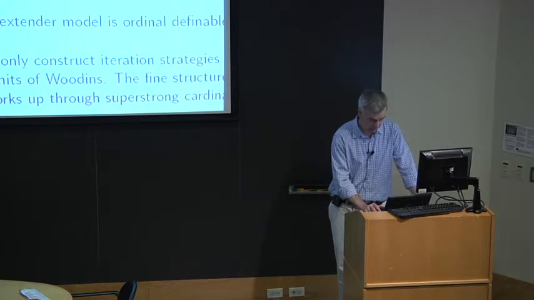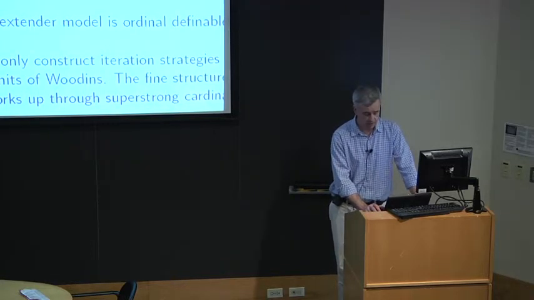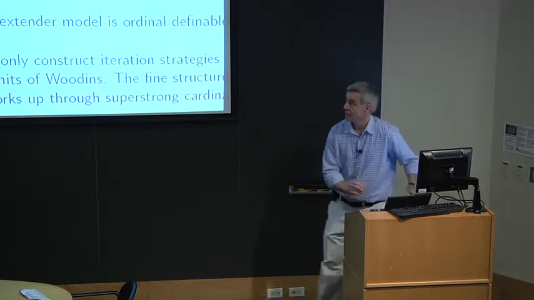We don't know how to do that. Assuming that they exist, the rest of their fine structure theory, the GCH, condensation properties, all the ways in which they resemble L, works all the way up through superstrong cardinals.